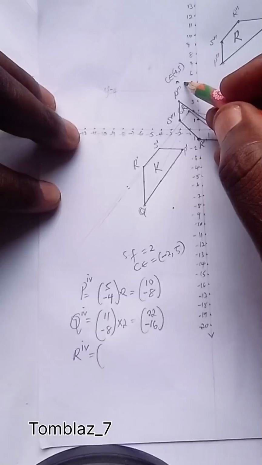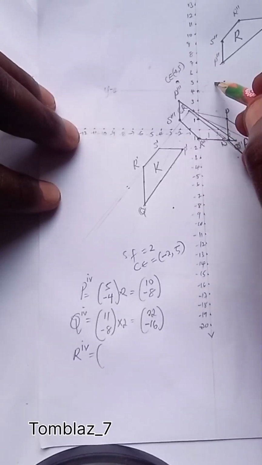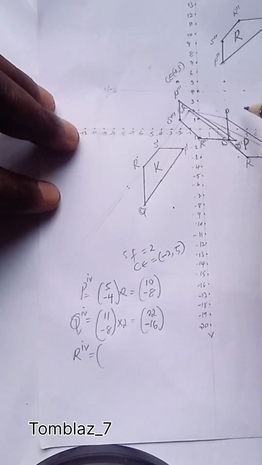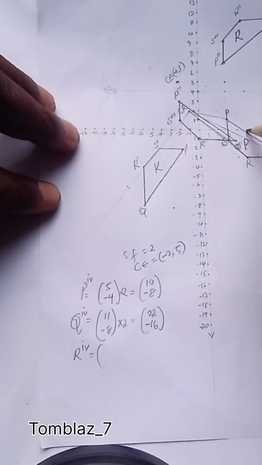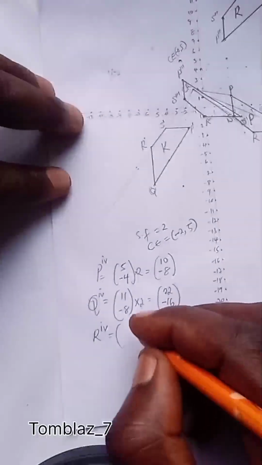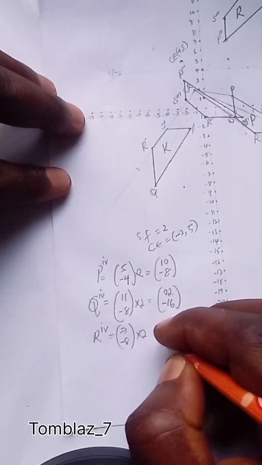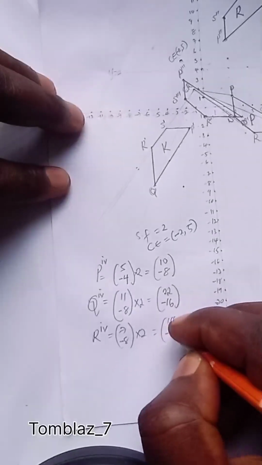We have 1, 2, 3, 4, 5, 6, 7. Then 1, 2, 3, 4, 5, 6, 7, 8. So we have 7 and minus 8 times 2, which will give you 14 and minus 16.